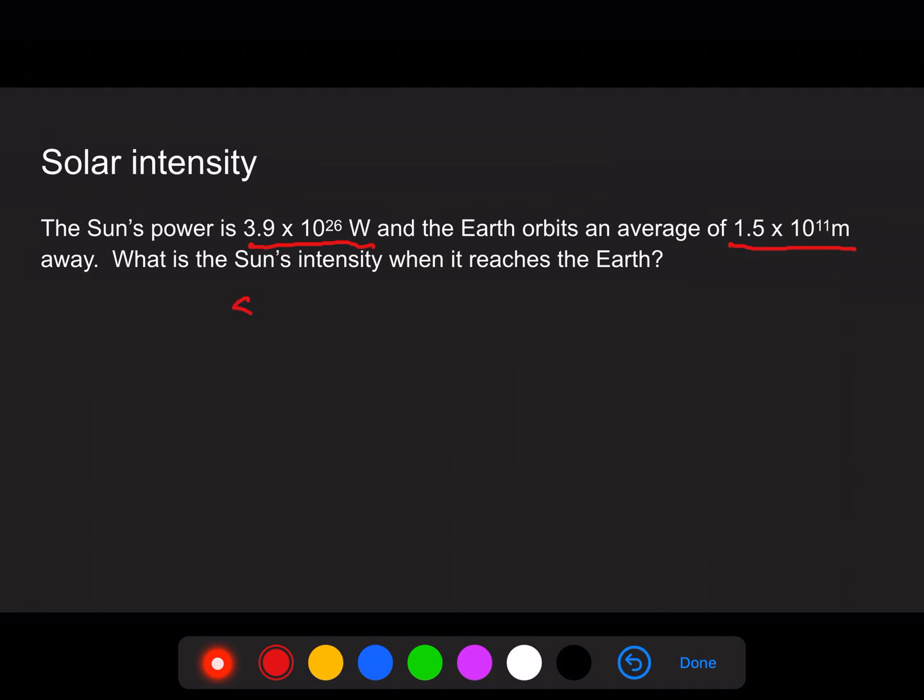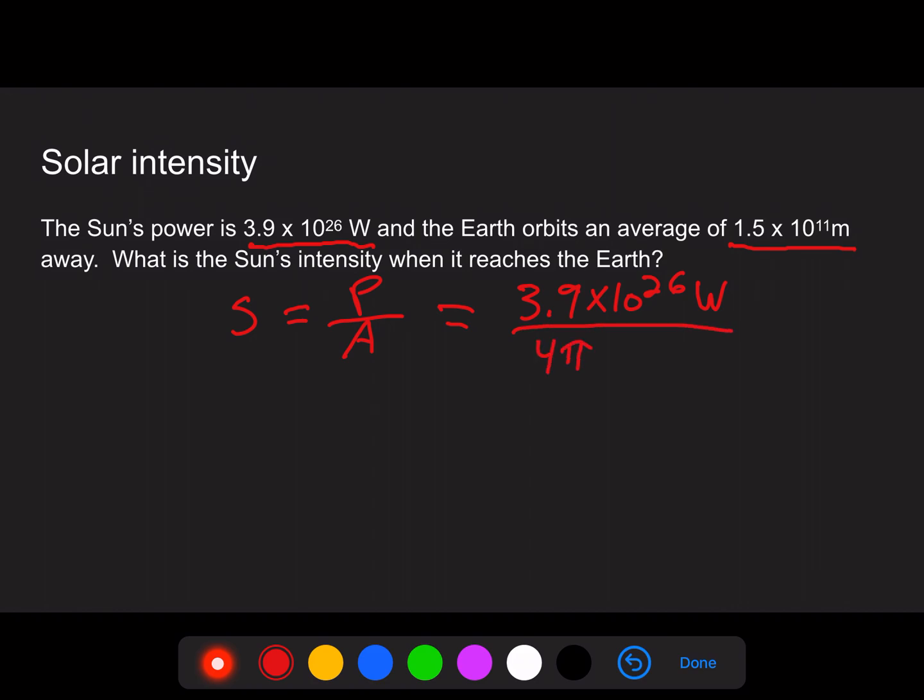So if I take this equation that the intensity is equal to the power divided by the area through which it spreads, then that's going to give me my 3.9 times 10 to the 26 watts in the numerator divided by the spherical area of 4 pi r squared, where r is this 1.5 times 10 to the 11 meters, all squared.